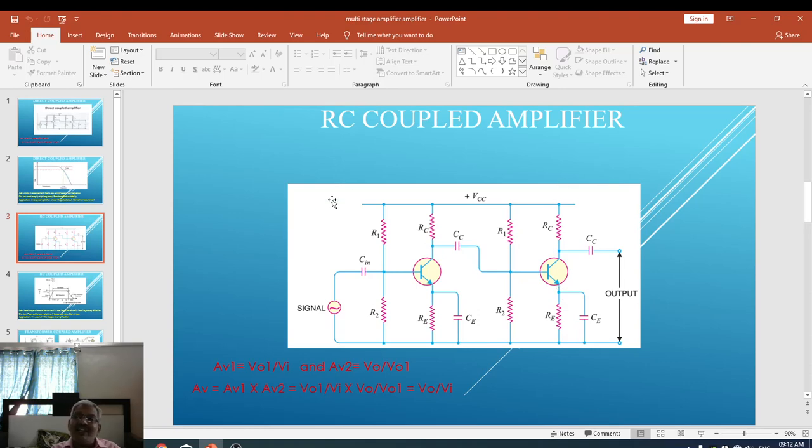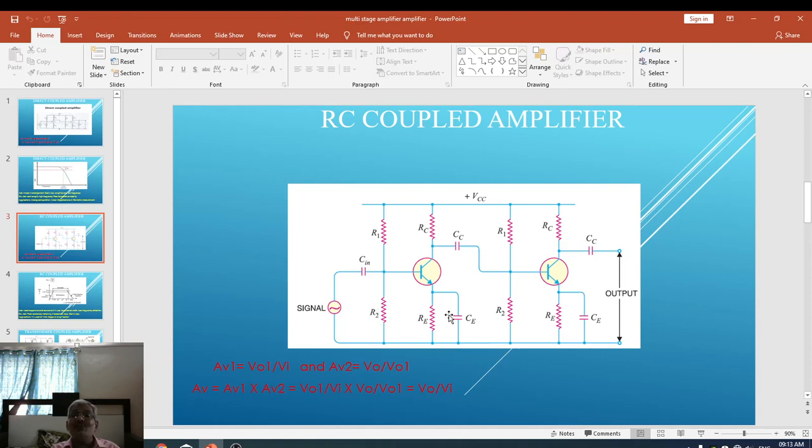If the net gain of the two-stage amplifier is AV, then AV is equal to AV1 into AV2, which is equal to VO1 upon Vi into VO upon VO1. Obviously, VO1 will cancel and only VO upon Vi is left. Thus the net gain is VO upon Vi.